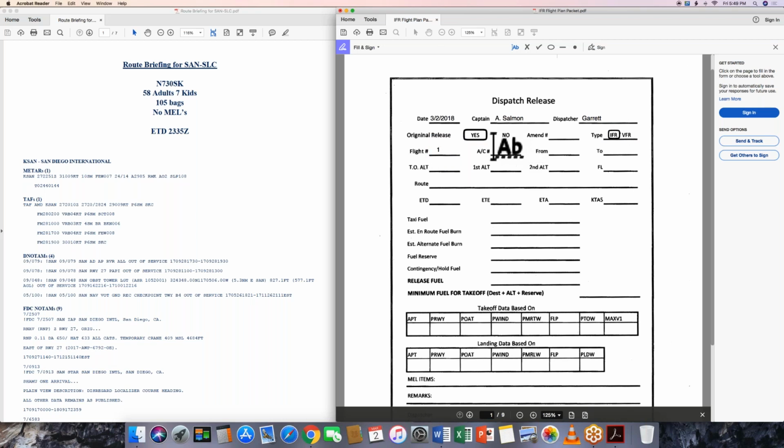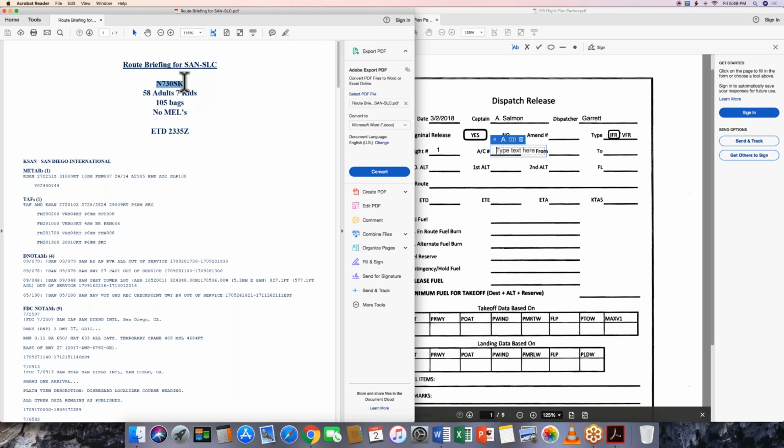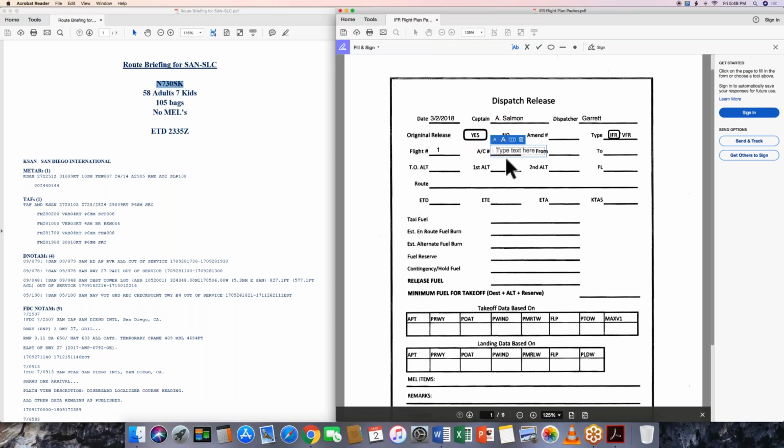Okay. The aircraft. So we're going to come over here to the briefing guide. We're going to see what aircraft we're using. And we're going to type it in here. 730 Sierra Kilo. You can even put the N in there if it tickles your fancy.